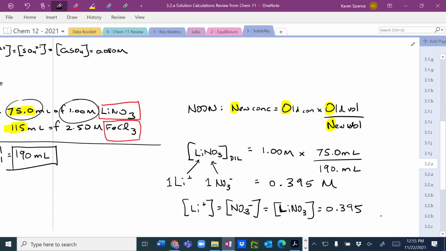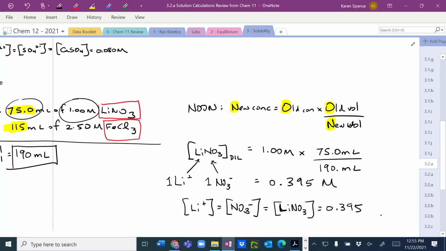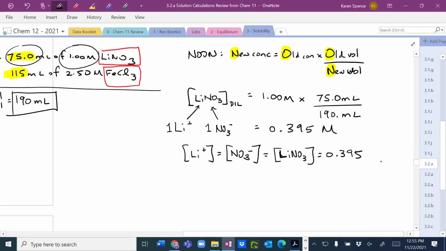Now we're going to do iron 3 chloride. So we have the concentration of FeCl3, and we are diluting it. We started with 2.50 molar. And our initial volume was 115 milliliters.